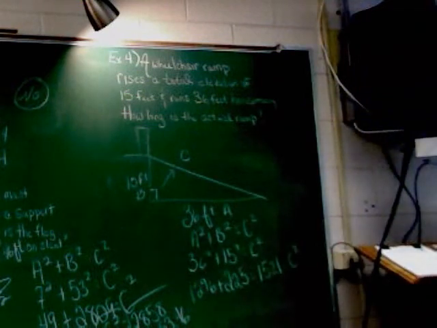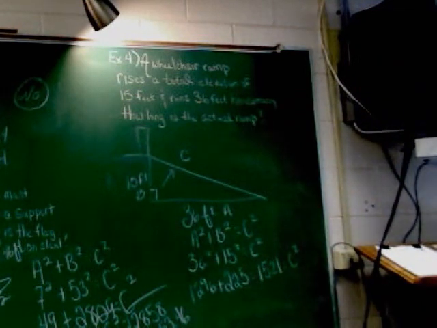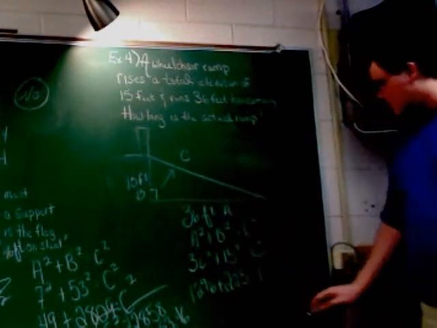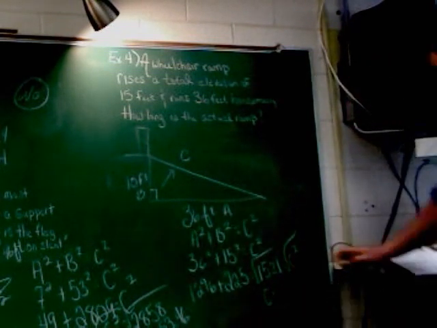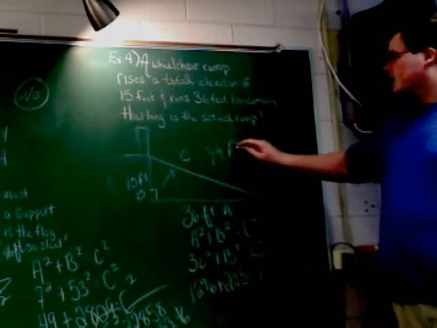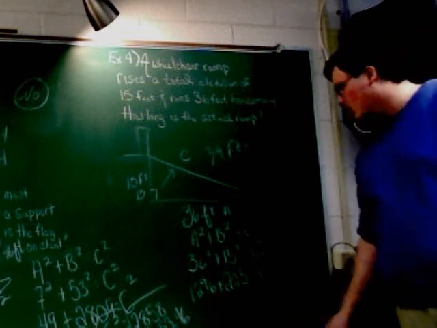Now that's what C squared is. Again, like every other problem, I don't care about C squared, I only care about C. So I'm going to have to take the square root here. I take the square root, I get C equals 39. So the ramp is 39 feet long.